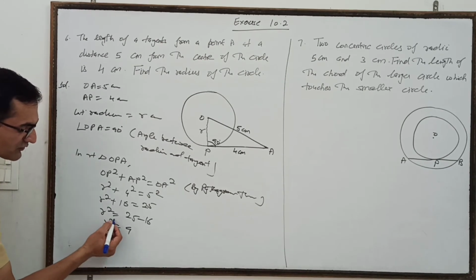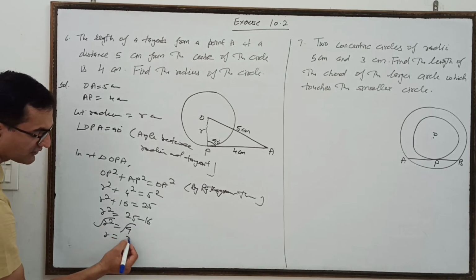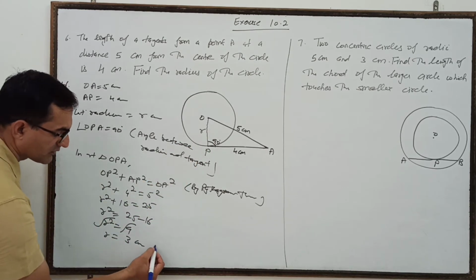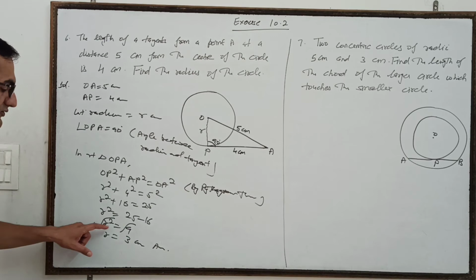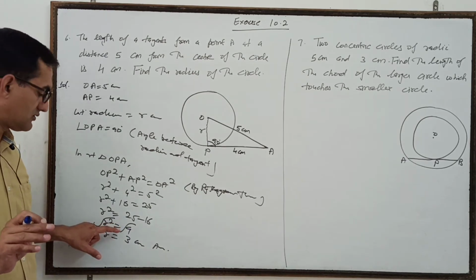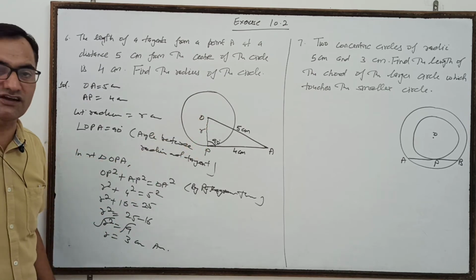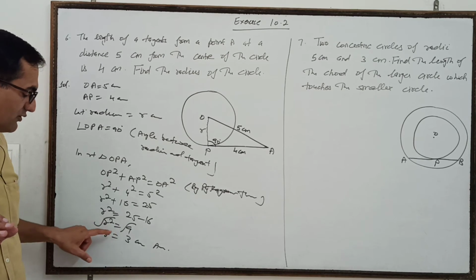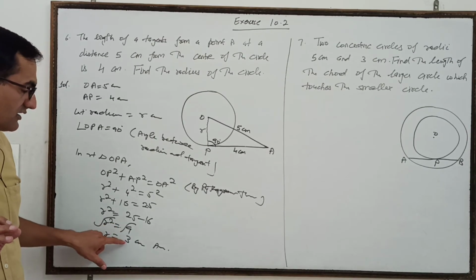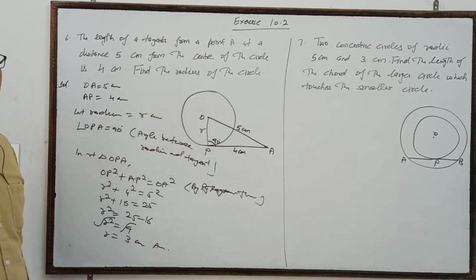Taking square root on both sides, r is equal to 3 centimeter. This is our answer. Here we took the square root, it should be plus minus, but we didn't take the minus sign because length is always taken positive. So radius of this circle is 3 centimeter.